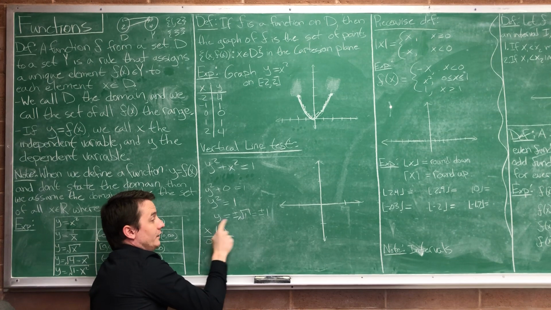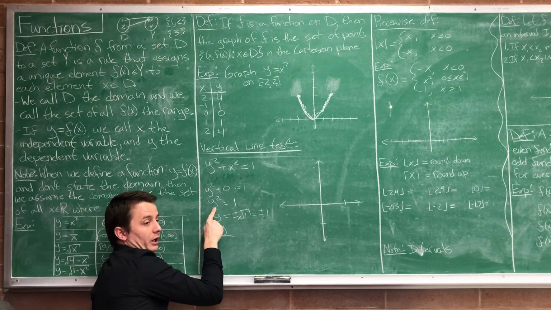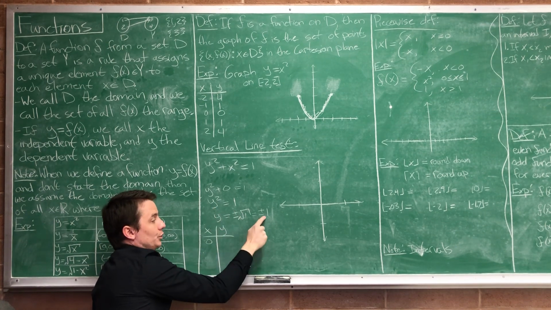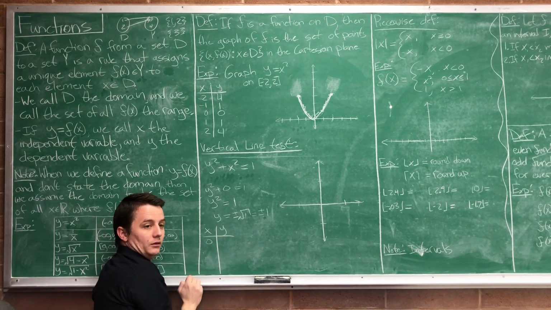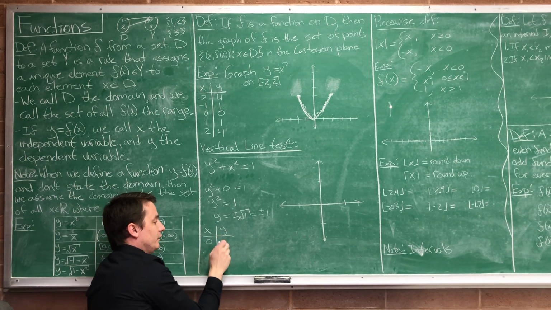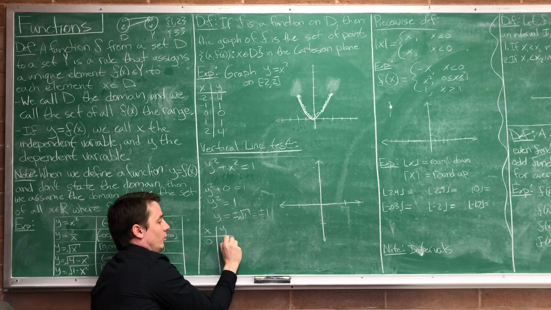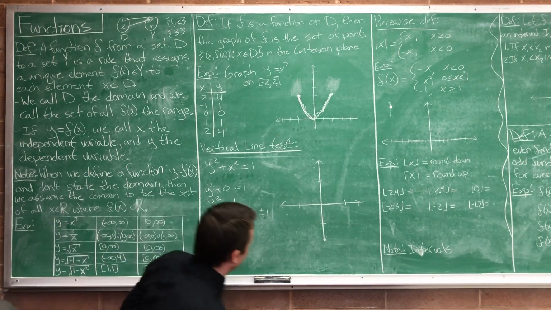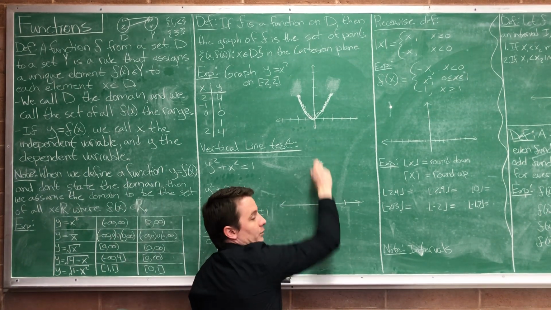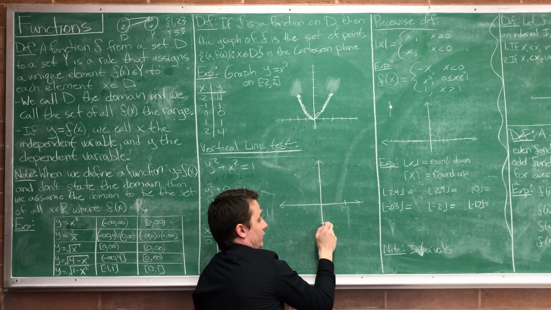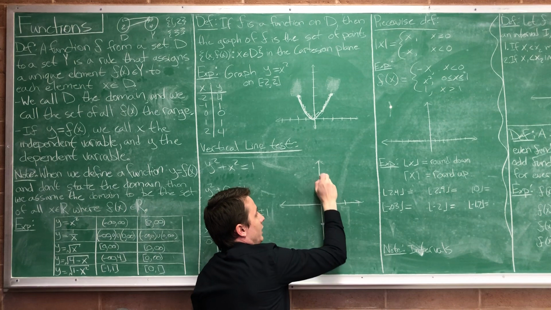If y is equal to -1, what's -1 squared? 1. If y is equal to +1, what's +1 squared? 1. So those are the two solutions. So if x is 0, y is 1 or -1. So let's graph that. So when x is 0, right here is where x is 0. Then we have a point at 0, -1, and a point at 0, 1. Those are those points, right?